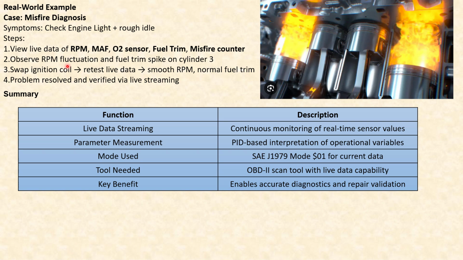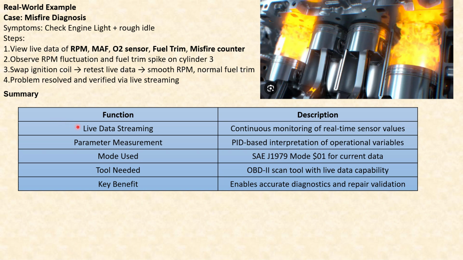Observe the RPM fluctuation and fuel trim spike on cylinder 3, then swap the ignition coil and retest live data: smooth RPM, normal fuel trim. The problem is resolved and verified via live streaming. Because of live streaming, the problem is resolved immediately by taking this proactive action.